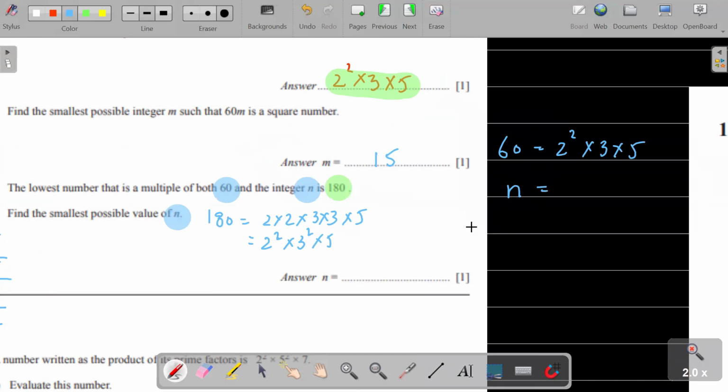And there is another number n, for which the LCM is 2 raised to power 2 times 3 raised to power 2 times 5. I took what is present in the LCM but not present in this term, because we have to find the smallest possible value. So 3 raised to power 2 is the only number which is not present in 60. That is the smallest possible value n can have, 3 raised to power 2, which is 9. That will be our answer.